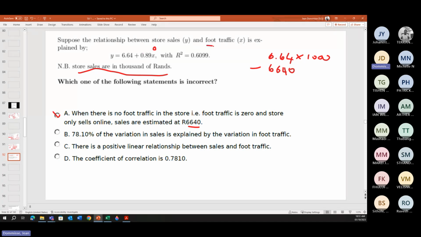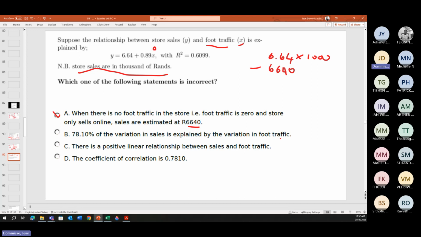They tell us foot traffic is X. They need to tell it to you, they can't just give you a formula, because I could have assumed foot traffic is Y. They need to tell you what is X and what is Y so that you can work it out. Then with the second one, they say 78.1% of the variation in sales is explained by the variation in foot traffic.